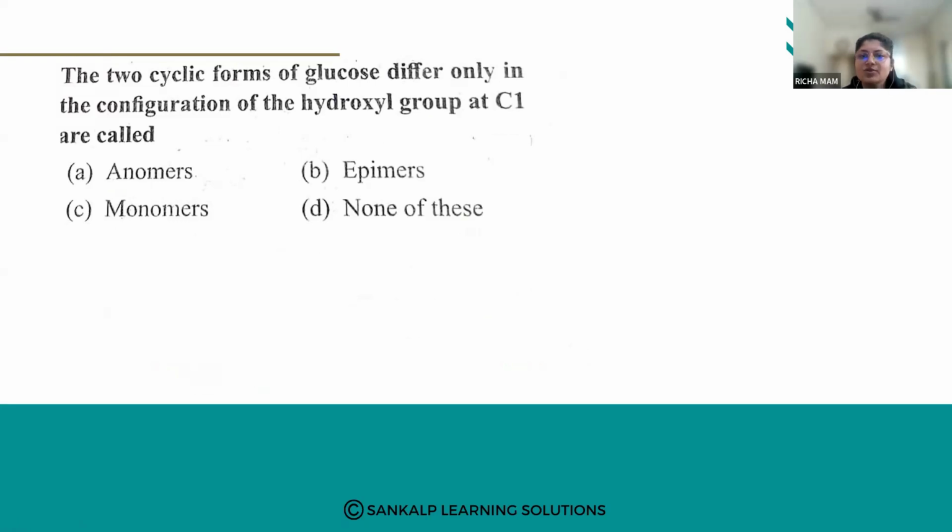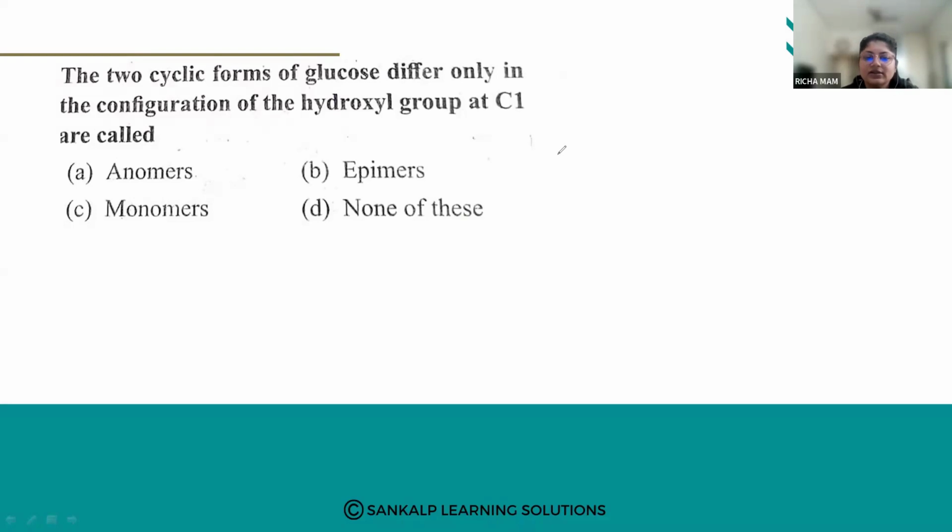The two cyclic forms of glucose that differ only in the configuration of the hydroxyl group at C1 are called. When you see a change in configuration at only carbon number 1, suppose I give you the structure like this.